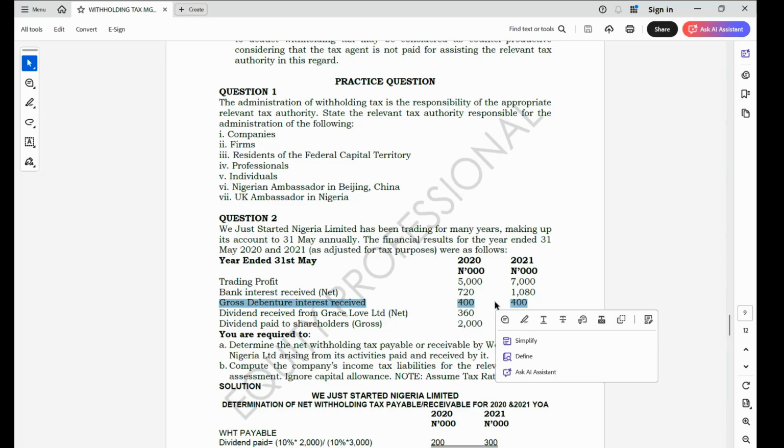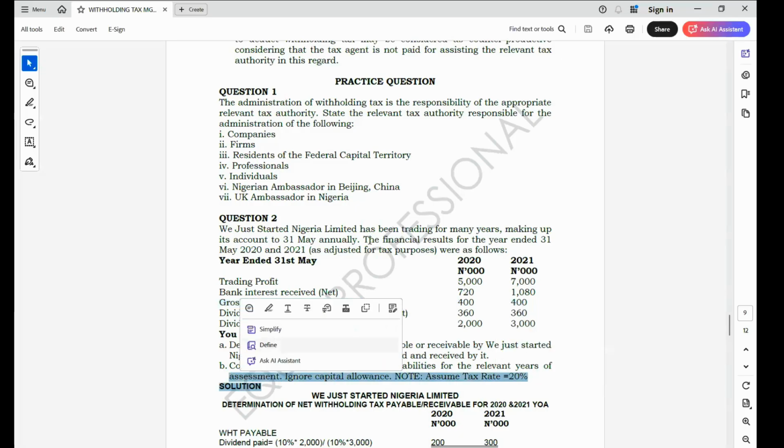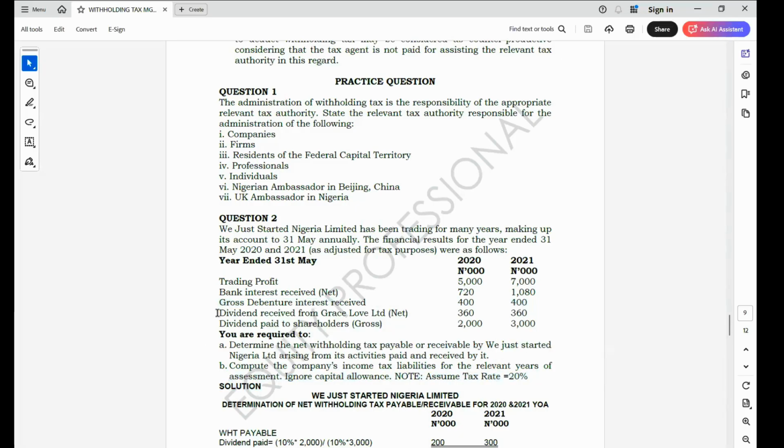The debenture interest amount is 400,000, and they collected the entire 400,000. So they don't have any withholding tax credit, because it was stated as gross. Gross means that the full amount is collected.